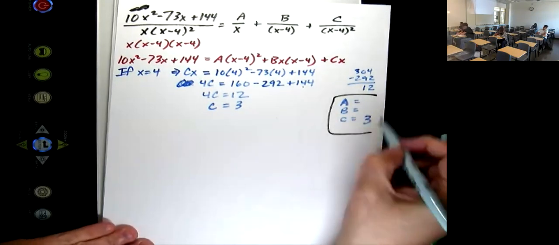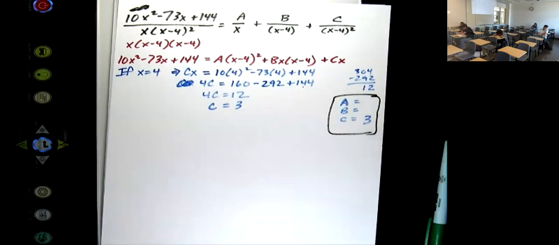This is my box I'm trying to fill in. All right. Is everyone good with what we did there? What else can I stick in that will clear some stuff out?